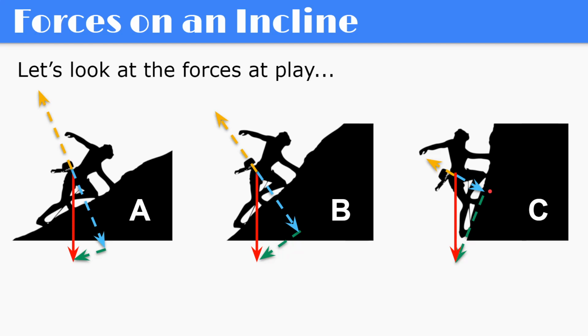Again, that force of gravity is going to be broken into components when we start tipping our axis and we have something at an incline. So I have FG in each of these as a red vector. My FN, my normal force of support from the surface in each of these, is this dashed orange one. You'll notice those change as well when my surface is at an incline.